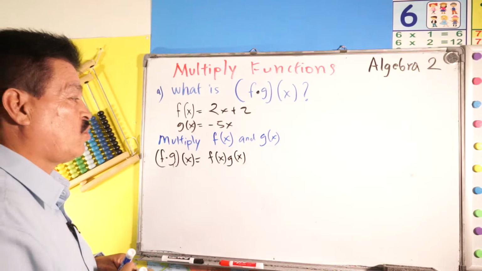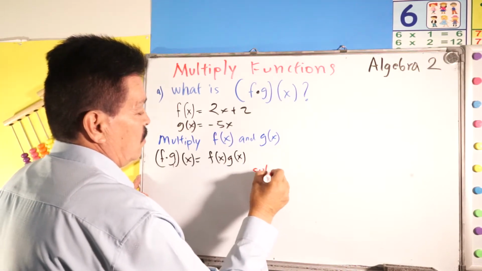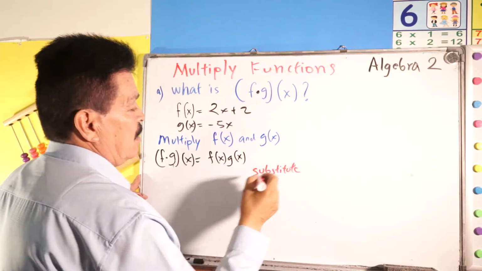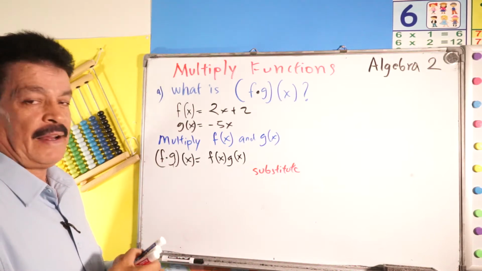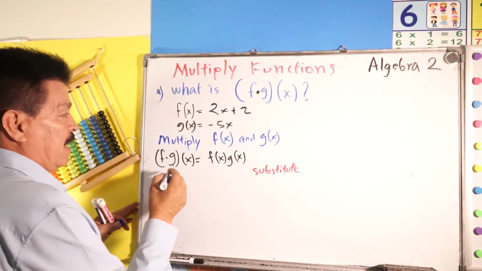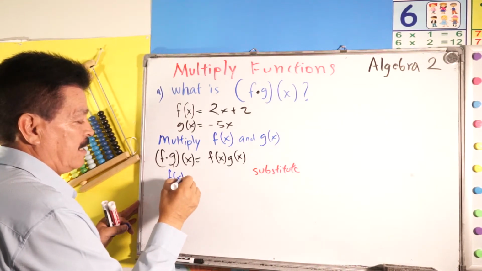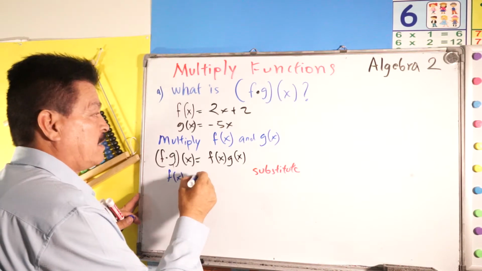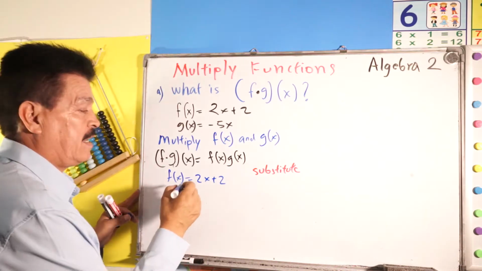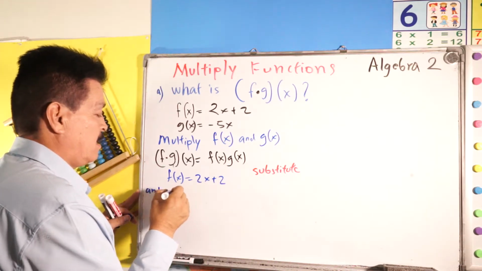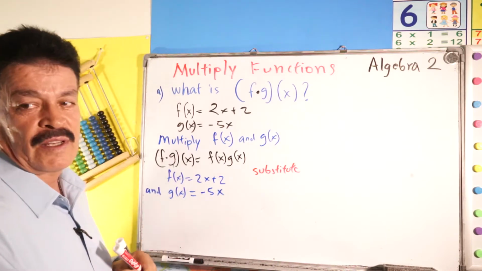All right, now substitute. Substitute the formulas from the problem here. We will have, step by step, f of x equals 2x plus 2, and g of x equals negative 5x, right?